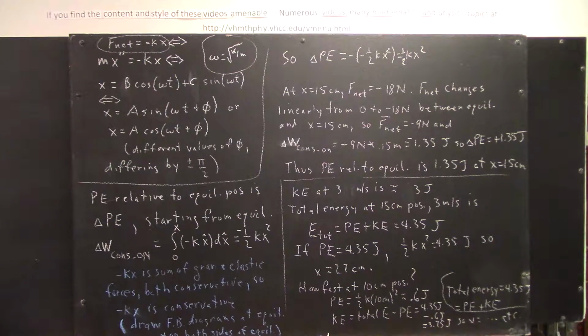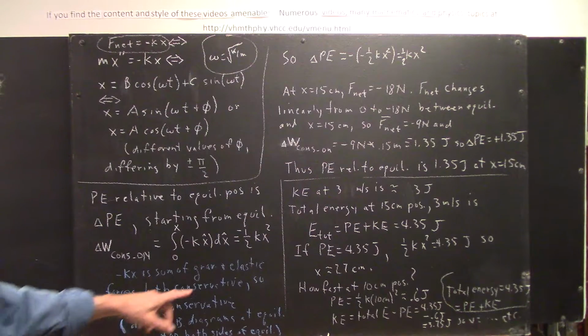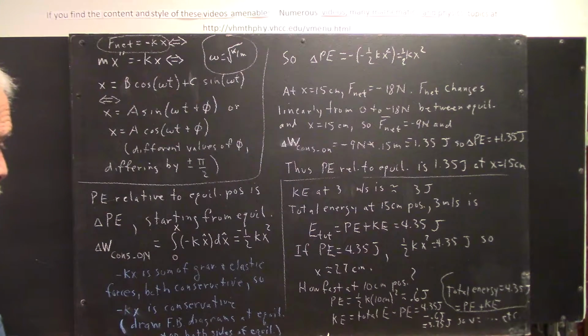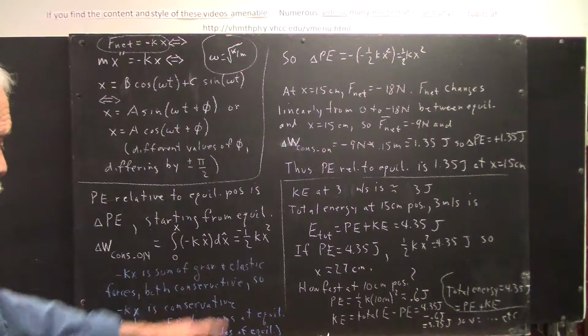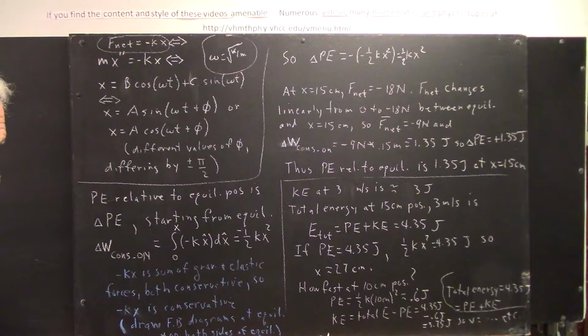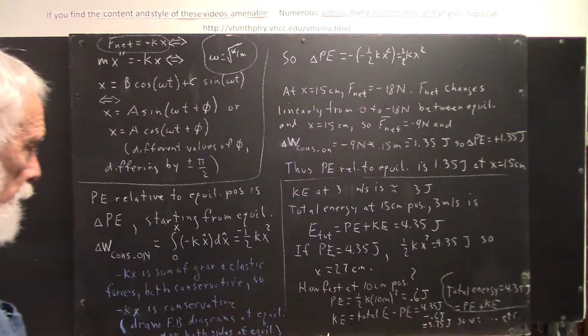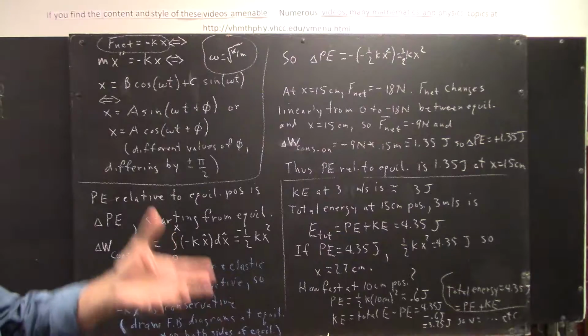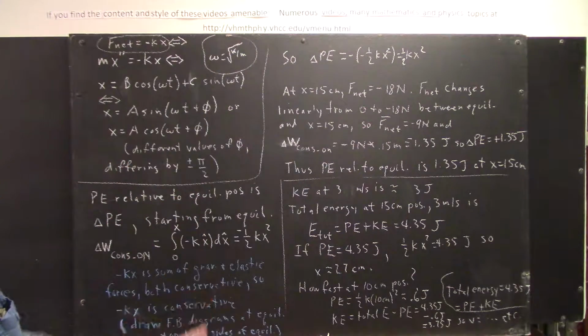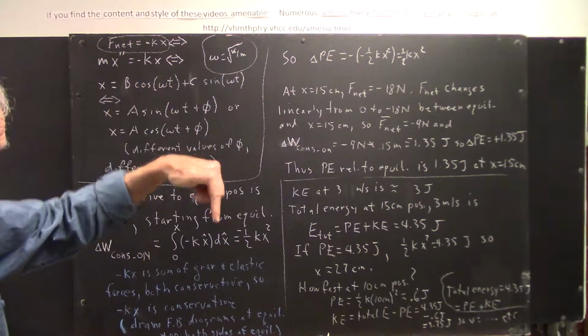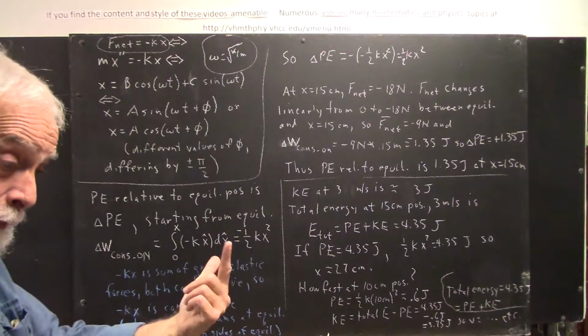Now I have a note here that talks about what I said. Negative kx is the sum of your gravitational and elastic forces. Both these forces are conservative, so negative kx is conservative. And I recommend that you draw free body diagrams at equilibrium and on both sides of equilibrium so you can understand what I said with my hands about how the net force if you go above equilibrium is down and the net force if you go below equilibrium is up.